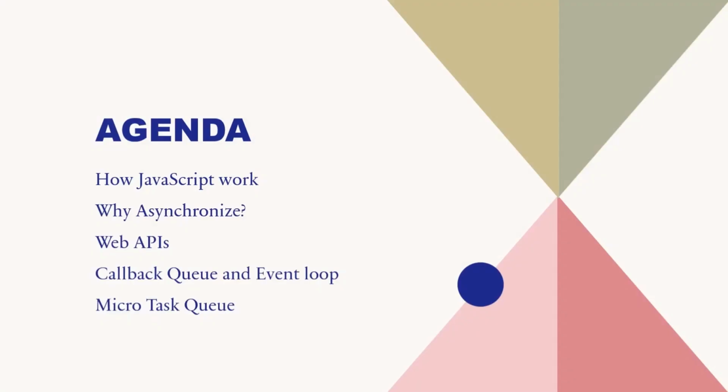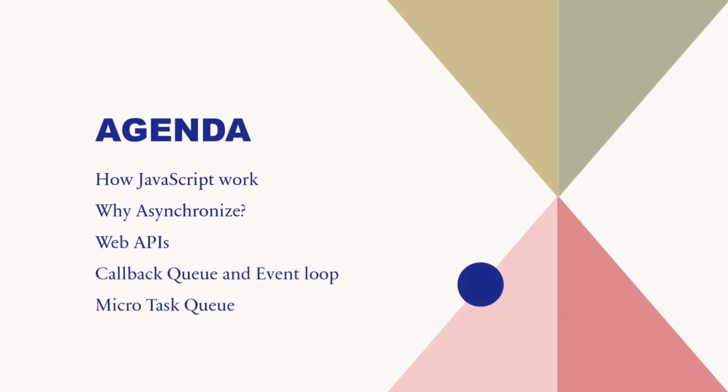These are the agenda items we are going to talk about today. First, as we already said, we are going to cover how JavaScript works. Then why asynchronous? That is the same as why JavaScript is a disaster when it comes to rendering an actual web page.